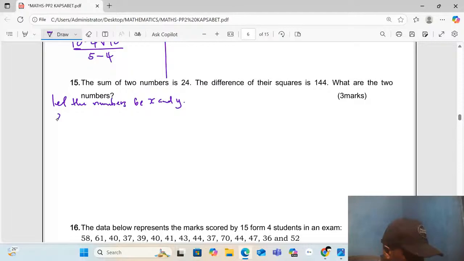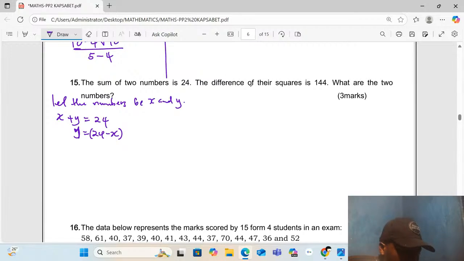When we have x plus y equals 24, that means y is equal to 24 minus x. That is from the first statement, the sum of the two. We are making y the subject, so y is equal to 24 minus x.